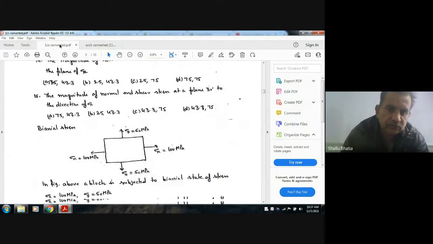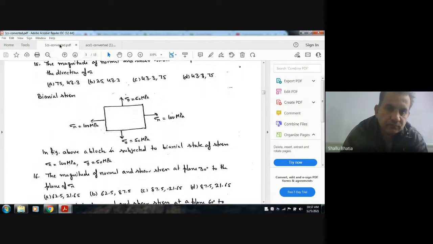Next question is of biaxial stress. This is the biaxial stress problem. Here sigma x is 100 MPa, sigma y is 50 MPa. In the figure above, a block is subjected to a biaxial state of stress.